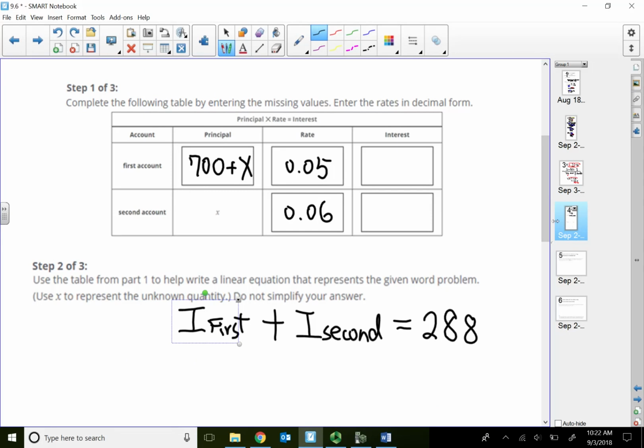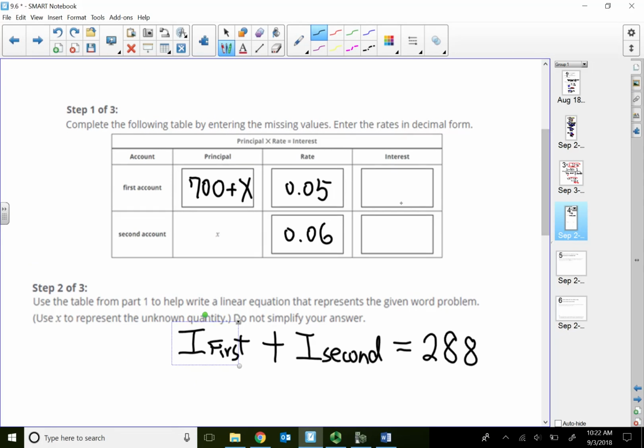Everything else becomes translation. What's the interest from the first account? That will be principal times the rate: 0.05 times parentheses, because this is two terms representing one principal, 700 plus X. The interest earned from the second account is principal times the rate, X times 0.06, which is 0.06X.